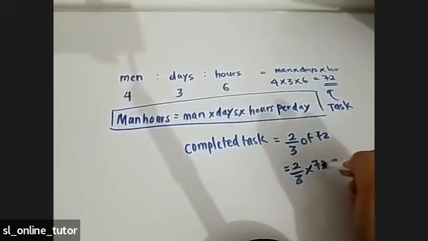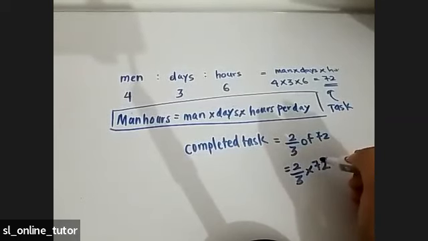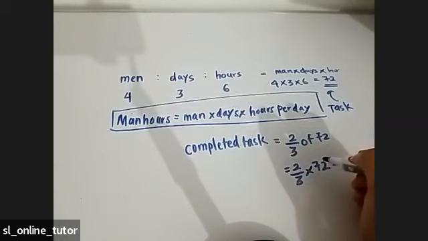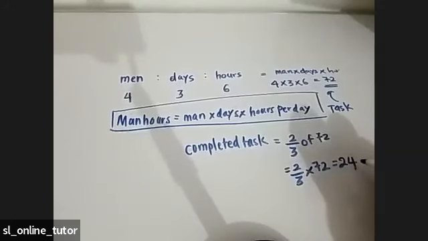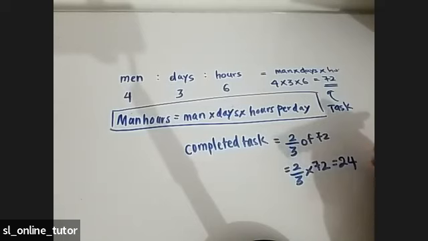This is divisible. How much do you get? 24. Yes, correct. 24 you get. Now they're asking, what is the magnitude of the task in man hours?